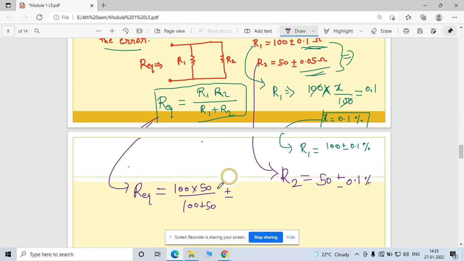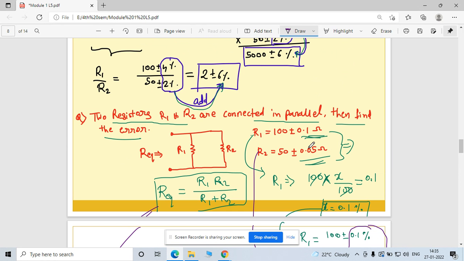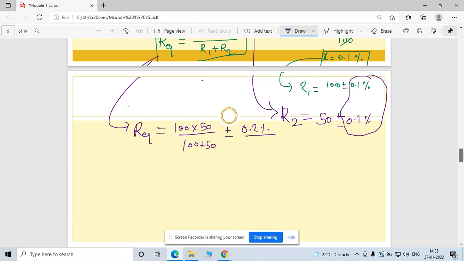When you multiply these two readings, use this percentage value, which is 0.1 plus 0.1 is 0.2 percentage, right? When I take the addition, you need to take this reading, which is 0.1 ohm and 0.05 ohm, right? Which is nothing but your 0.15 ohm.